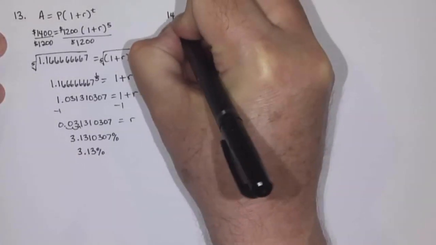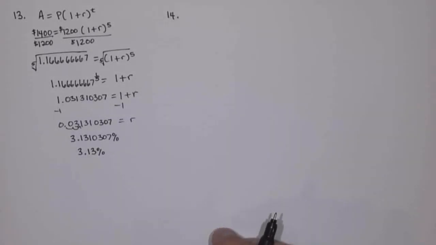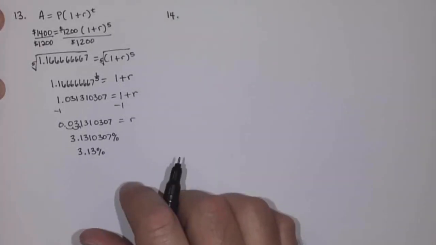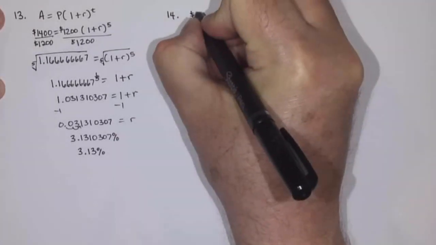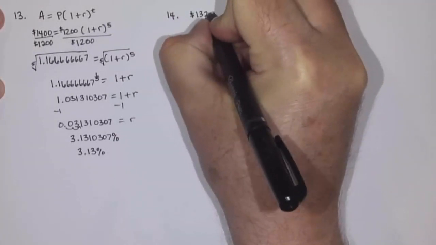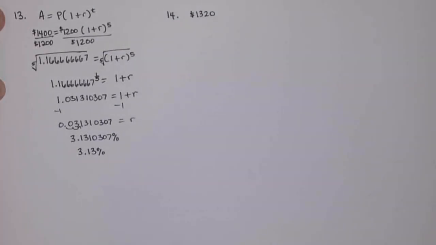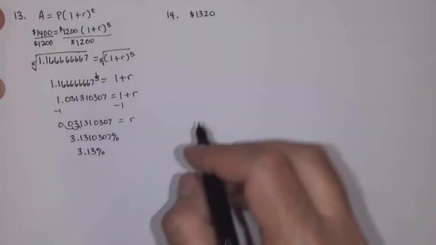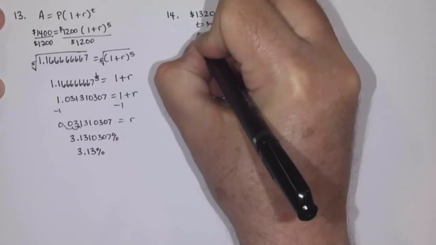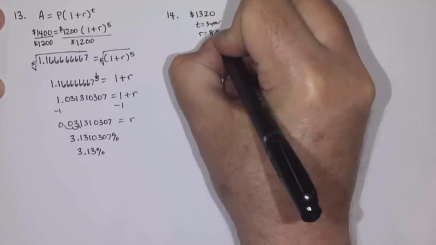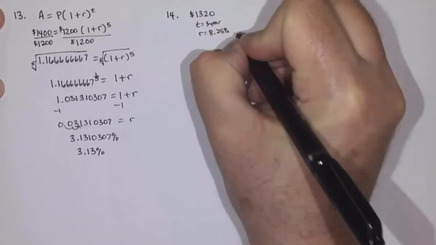So looking here at number 14, again we know that Bernie's lawnmower costs $1,320. So that's the price of the lawnmower, and he is going to pay a 3-year loan, so T equals 3 years, and the interest rate is 8.25%.